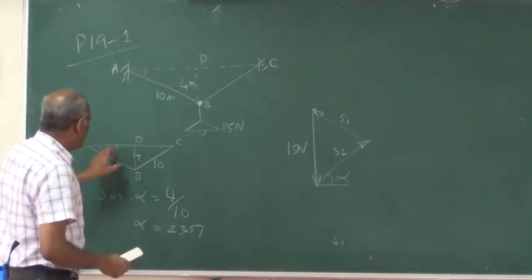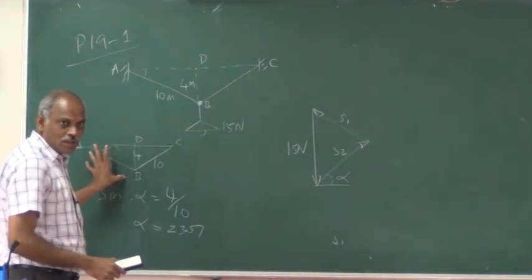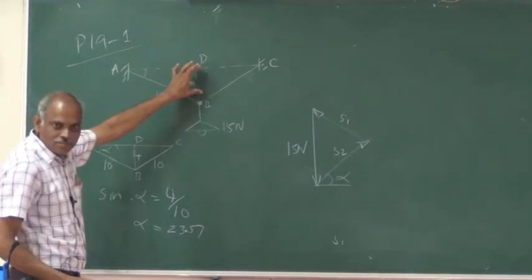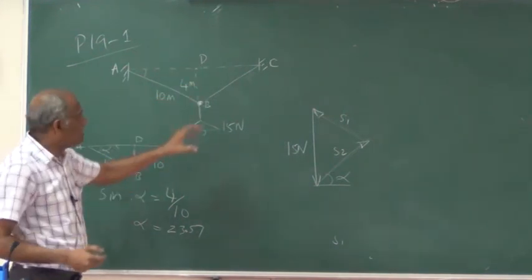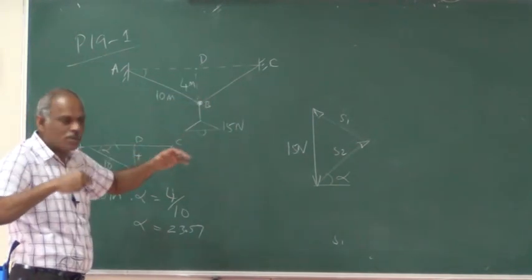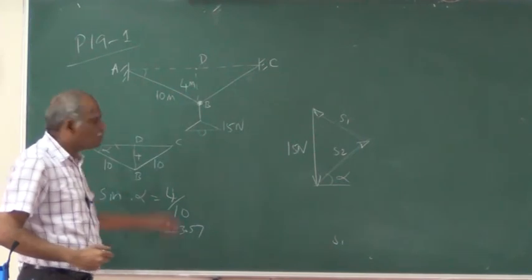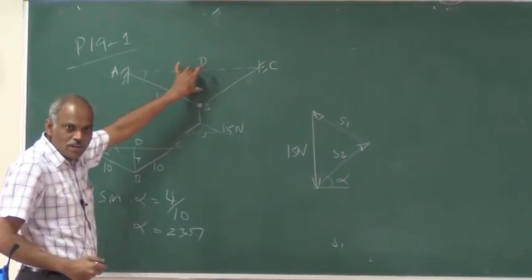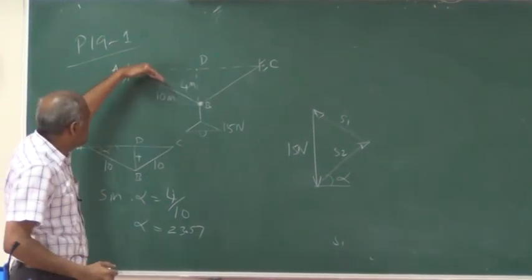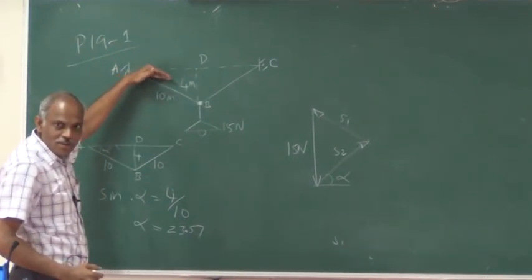So the alpha is related to this sag. Somebody wants to have less sag. He doesn't want to have the sag of 4 meters. He wants to have the properly stretched one, so he wants to reduce it. If he wants to reduce the sag, what will happen to this alpha?